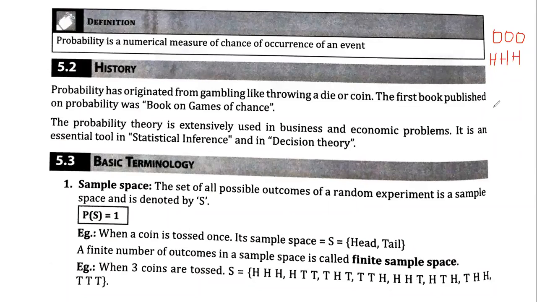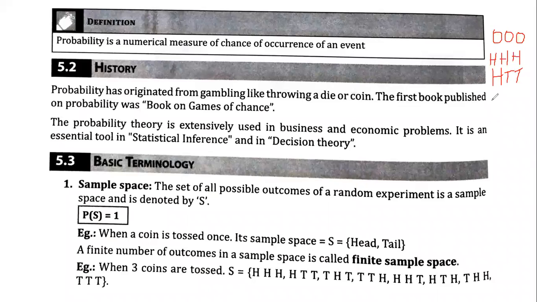So in the first scenario, when I toss a coin once, let's say I am getting a head. All the 3 coins I am getting head. Now next time again I will toss, and this time I will get head, tail and tail. First time I will get head, for the second coin and the third coin I'll get tail and tail.